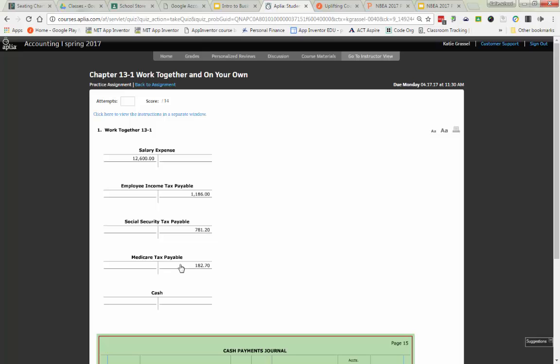And that typically, like if we take a look at what we did in the last chapter, this would be the check that was written to cover all of your payroll. So again, you'll take $12,600, and from that you'll subtract out $1,186, $781.20, and $182.70.